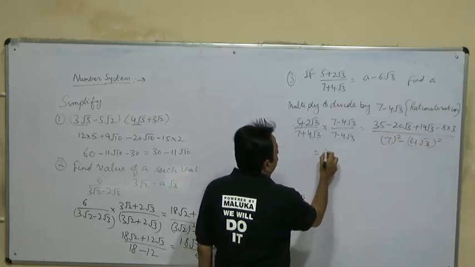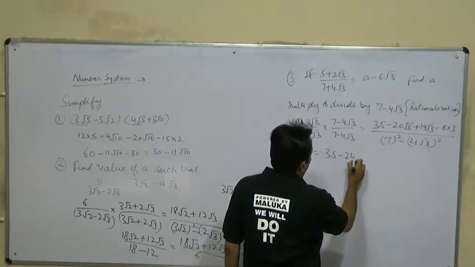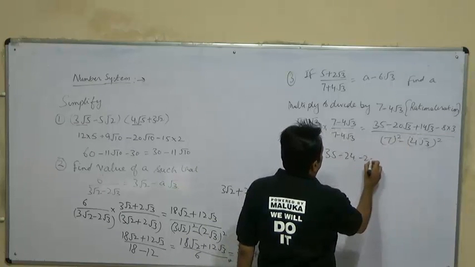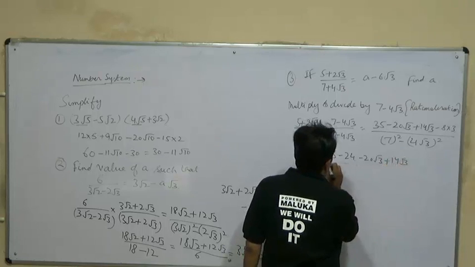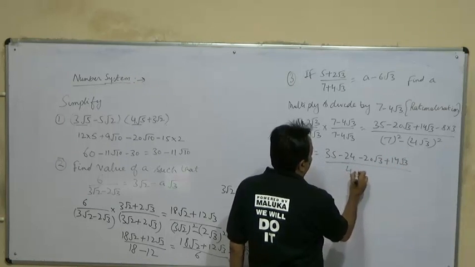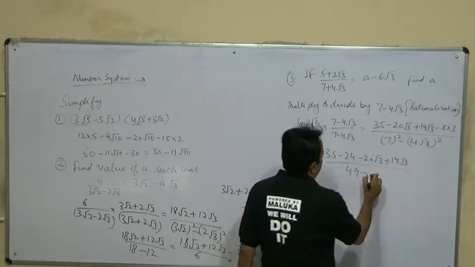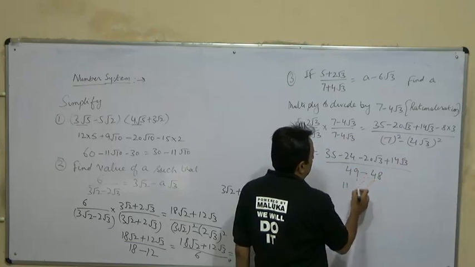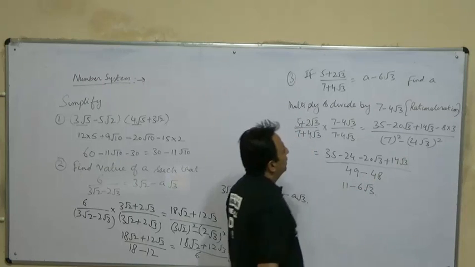Now this comes out to be 35 minus 24, and this is minus 20√3 plus 14√3, upon 49 minus 16 into 3, which is 48. So this is 11 minus 6√3 upon 1.